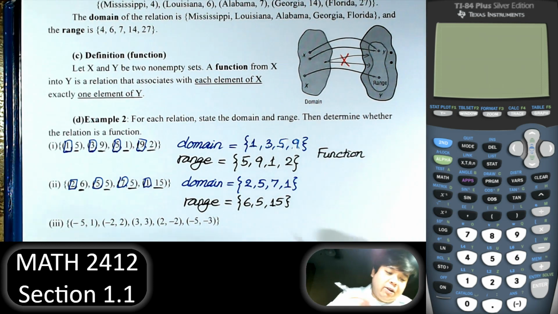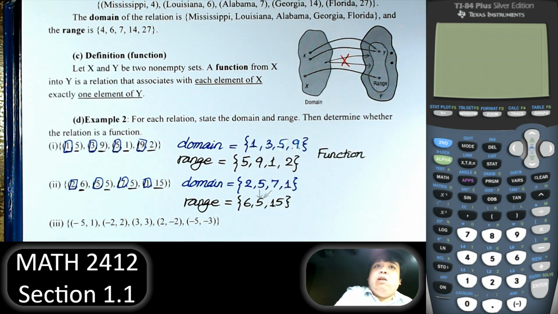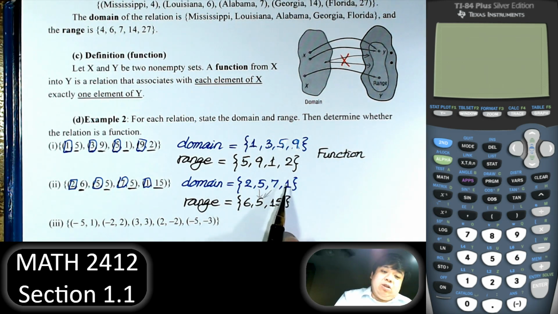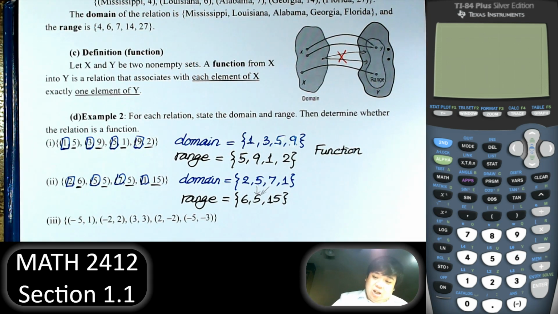So here we have 5 and 7, both of them going to 5, but that's perfectly fine. We might have different values of the domain that give the same value in the range. This one is still a function.